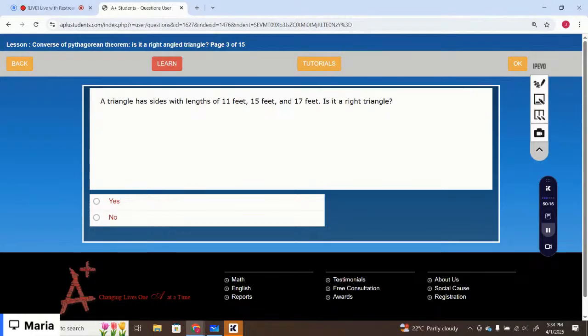A triangle has side lengths of 11 feet, 15 feet, and 17 feet. Is it a right triangle?